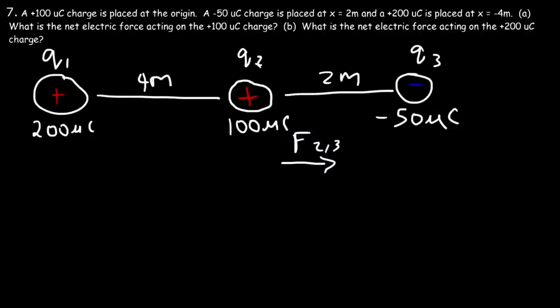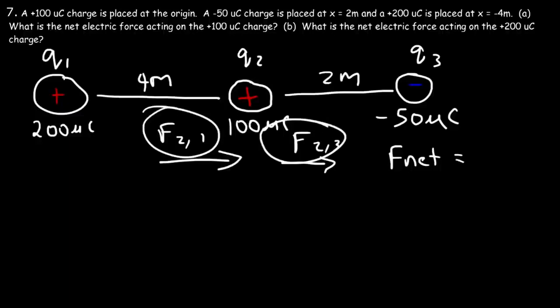Now Q2 with its positive charge is repelled by Q1. So Q2 wants to move away from Q1. So there's another force acting on Q2, and that's going to be F2,1. That is the force acting on charge 2 due to charge 1. And so the net force is going to be the sum of these two forces.